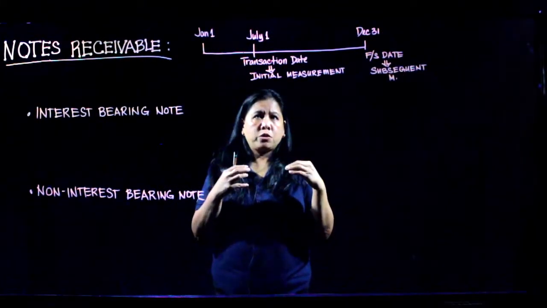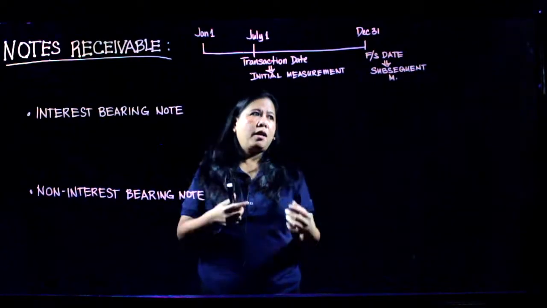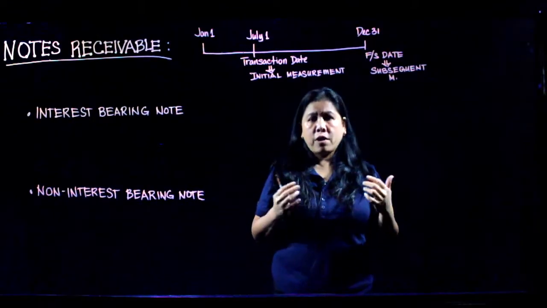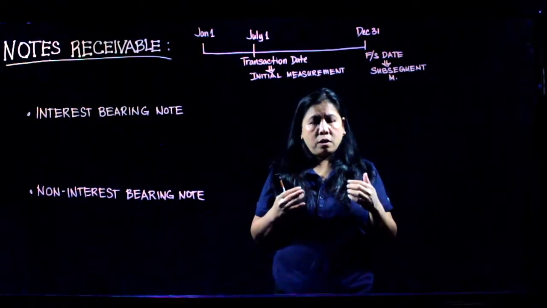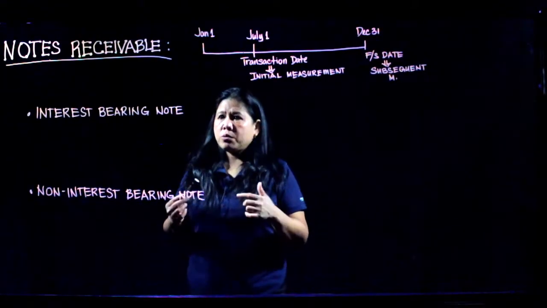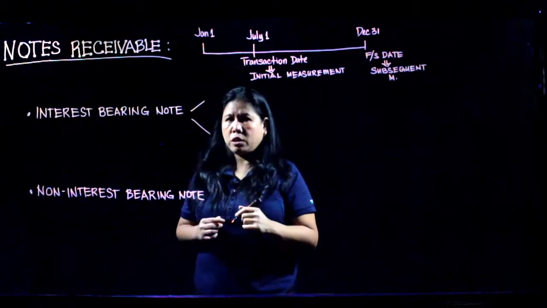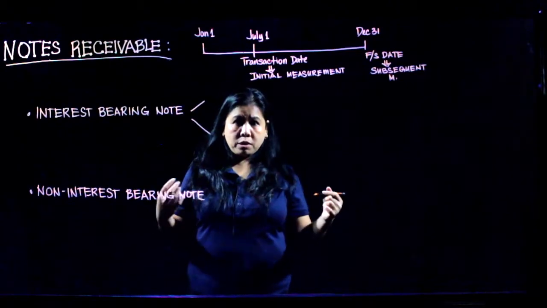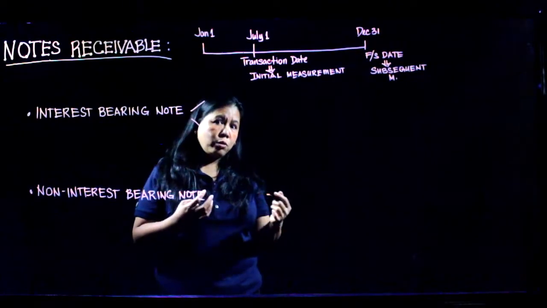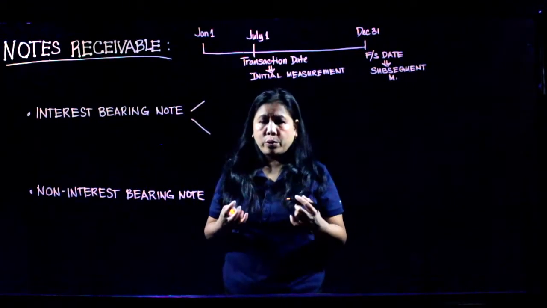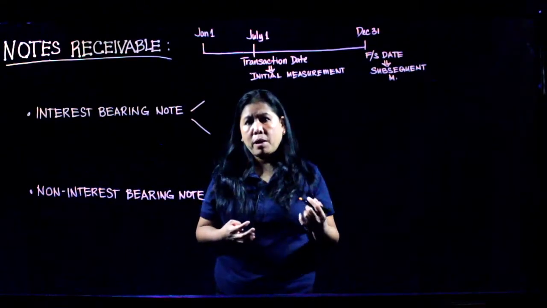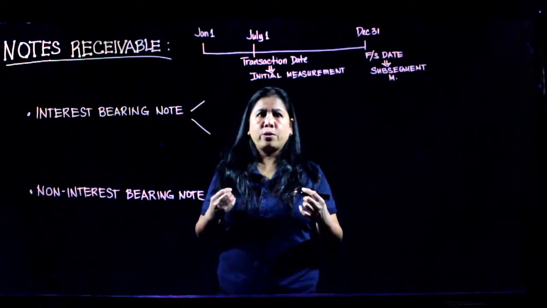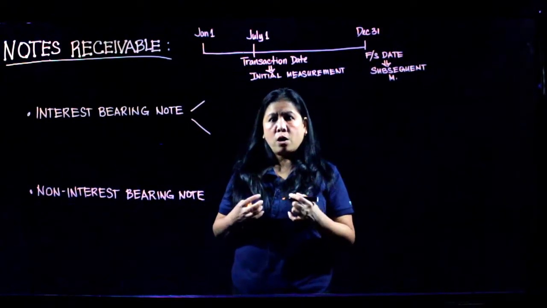Our initial measurement is on the transaction date, and our subsequent measurement is when the accountant prepares the financial statements of the company. On interest-bearing notes and non-interest-bearing notes, we also have our initial measurement and our subsequent measurement. When we first encounter these transactions or receive this promissory note from the maker, how much do we recognize on our books?